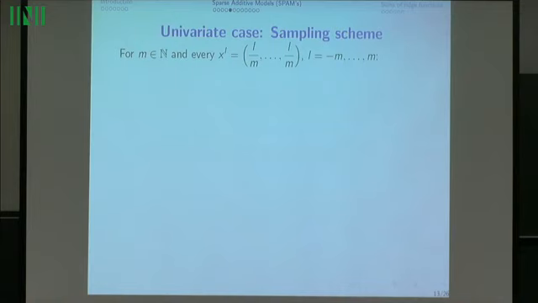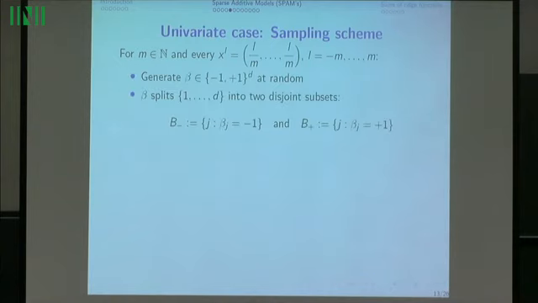And now for the scheme. So the scheme is the following. You start with points on the diagonal of the unit cube. So l goes from minus m to m, and you divide by m, so 2m plus 1 is the number of points on this grid of the diagonal. And we combine that with randomness. So we take this deterministic part of the story and combine that with a random part.